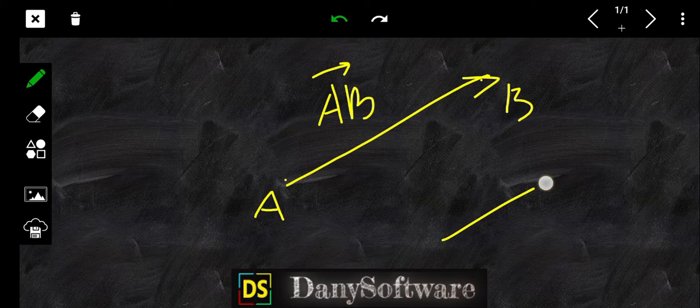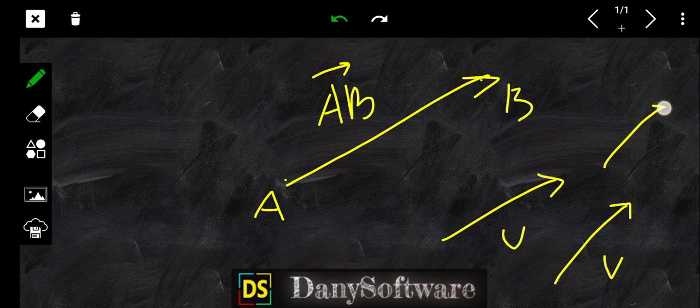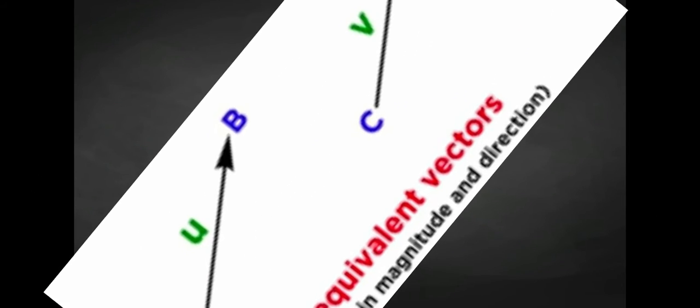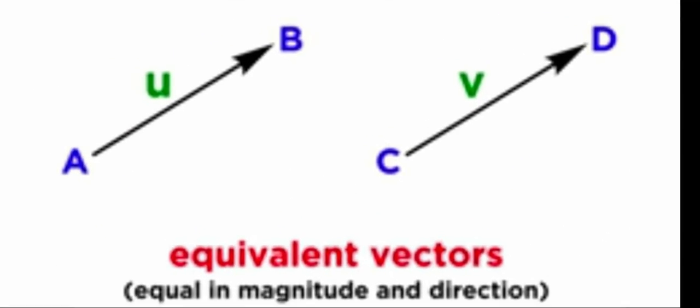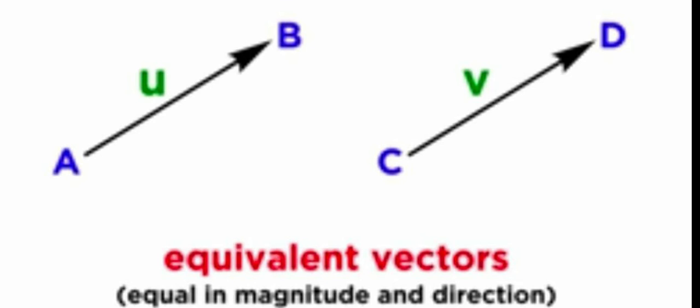Or we can also just refer to a vector with a letter like U, V, W, etc. Different vectors, for example U and V, with the same magnitude and direction are called equivalent vectors.